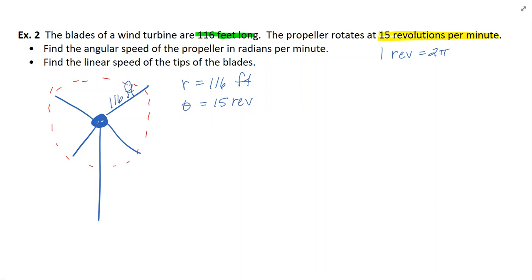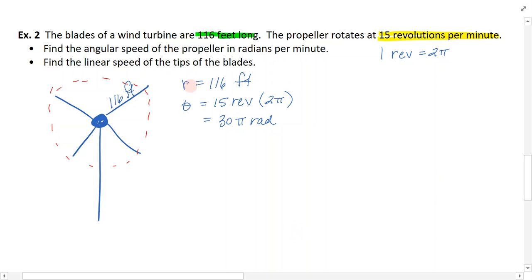Remember that when we're dealing with these radian applications, every time we think of theta, it has to be in terms of radians. So if one revolution is 2 pi, then I'm going to multiply 15 revolutions by 2 pi, and I end up with 15 times 2, which would be 30 pi radians. So I took it out of revolutions per minute and put it into radians. That's how we're converting this.